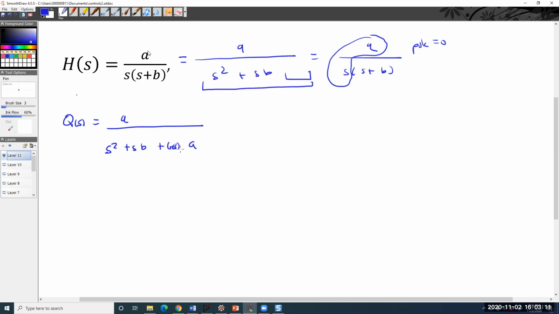What's missing is the constant. So G of S equals K, right? I have all the terms. The only thing left is to make sure that this is positive. So I make K greater than 0.